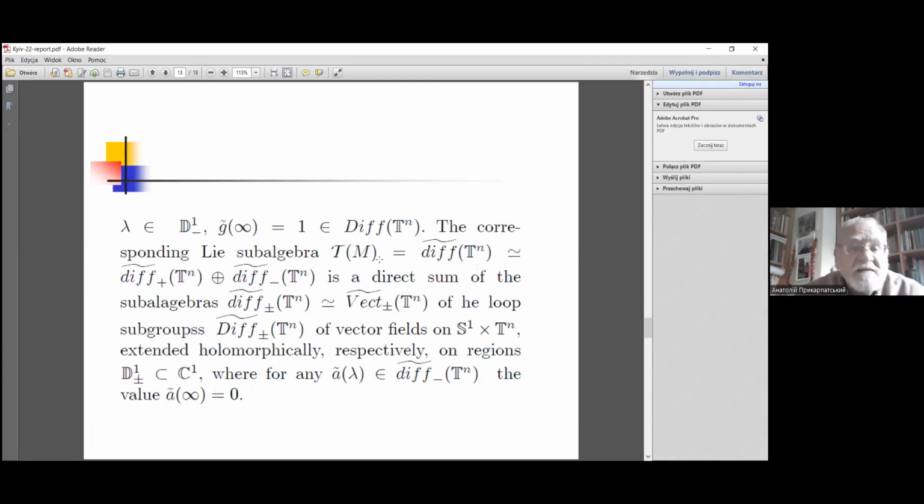allows us to construct the Lie algebroid of the current type.